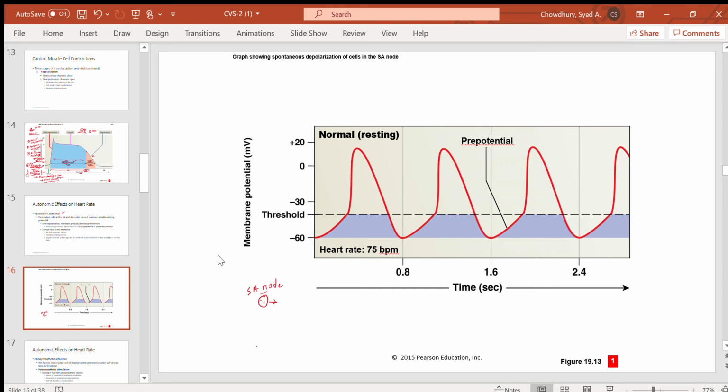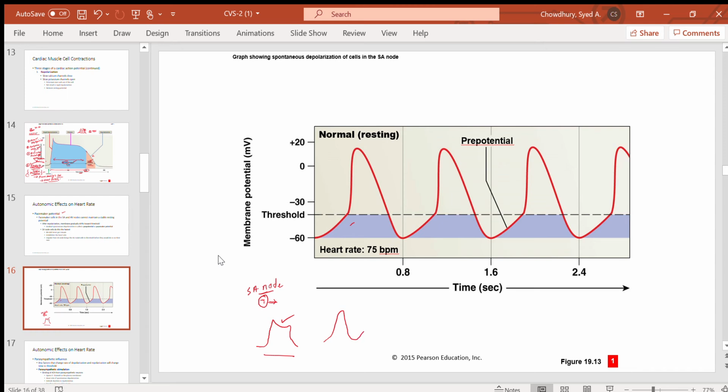In case of cardiac muscle, you remember the action potential is like this. There is a plateau like this, right? We explained that. However, in case of the cells in the SA node, the action potential is not like cardiac muscle fibers, but like this. You see the picture above.